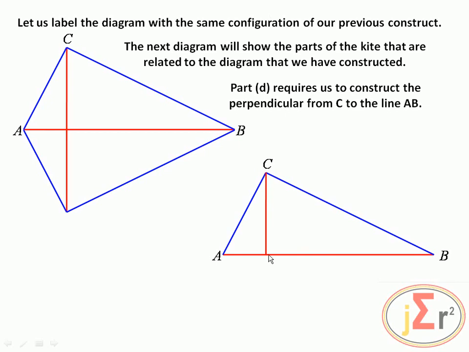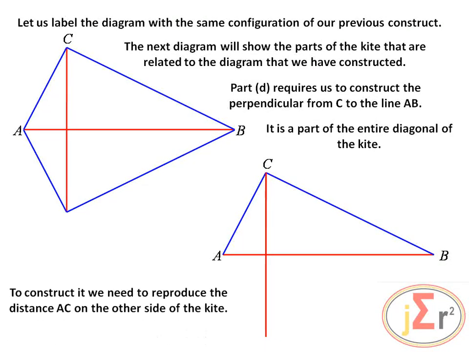And of course, that point where it meets the line AB is D. It is a part of the entire diagonal of the kite. Right. So notice that this here, come down to here, is the same line. But this line is the entire diagonal of the kite.